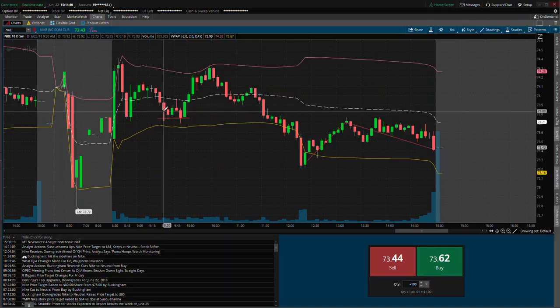So with this being a 5-minute chart, it's bouncing. You have 5 minutes to where it's kind of bouncing right there, right there, right there. And that does give a little bit of confidence as to how this may move.